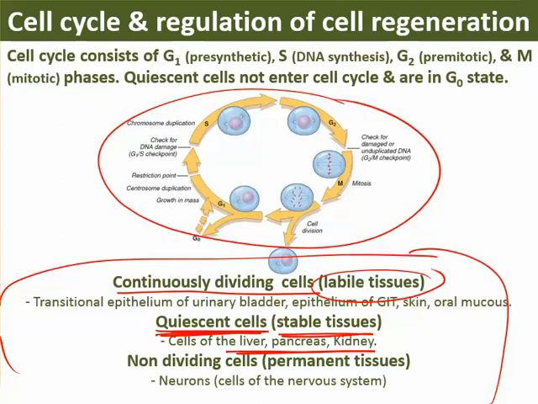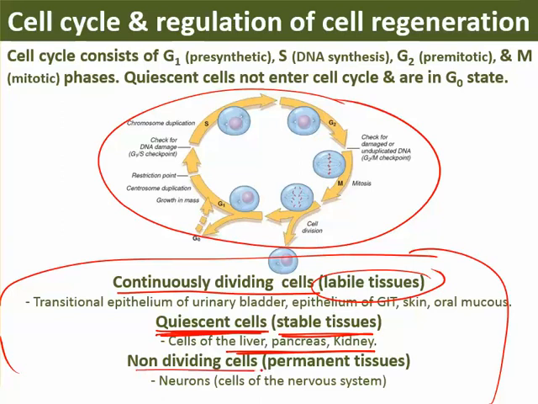They will be stable. But when you cut the liver, immediately they will divide. So when the situation comes, they divide; otherwise they will be silent. The same thing happens to the pancreas and the kidney. These three organs can go for compensatory growth.